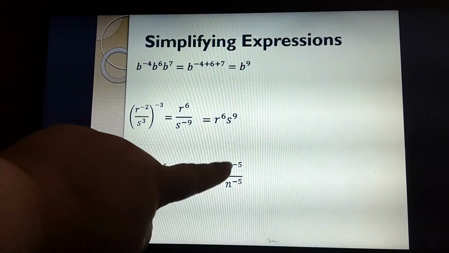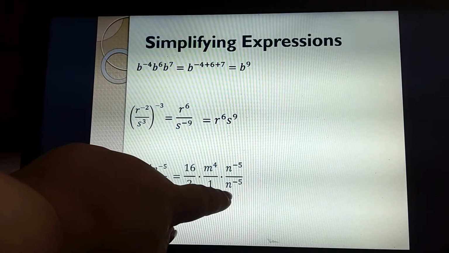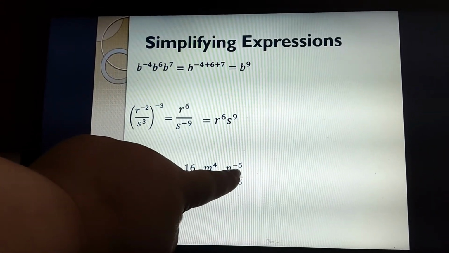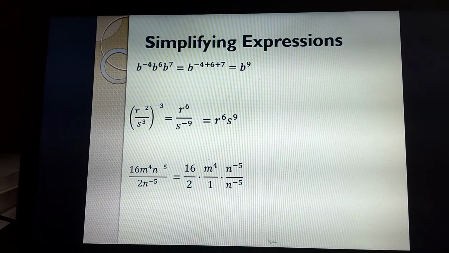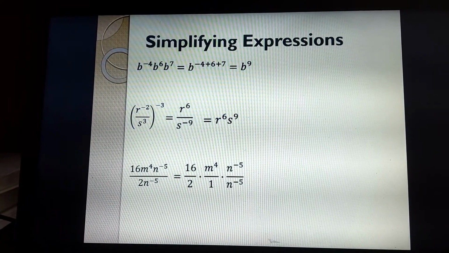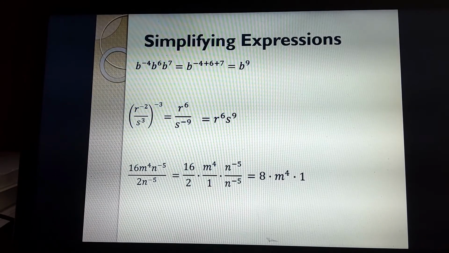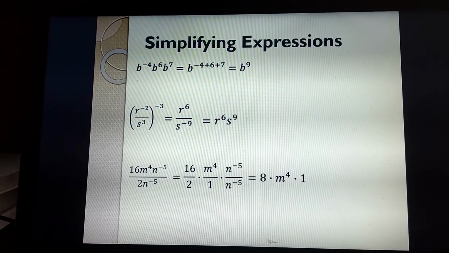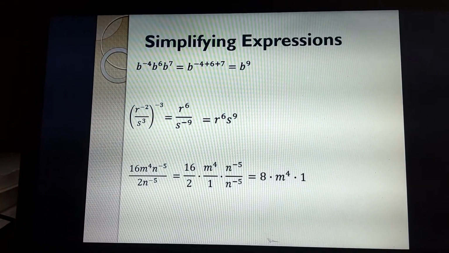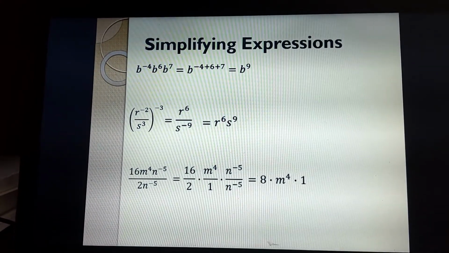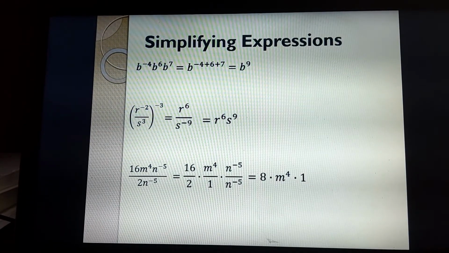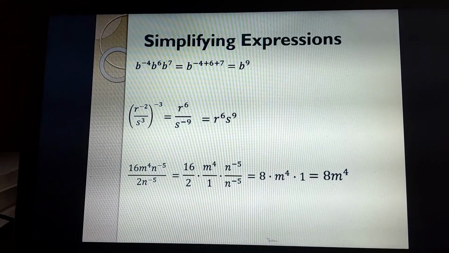The other way to look at it is I have 2 of the same base being divided, so I keep that base and I subtract the exponents. -5 minus -5 is the same as -5 plus 5. -5 plus 5 is 0. Anything to the 0 power is 1. Now, I have to multiply these together. 8 times m to the 4th times 1 is 8m to the 4th.